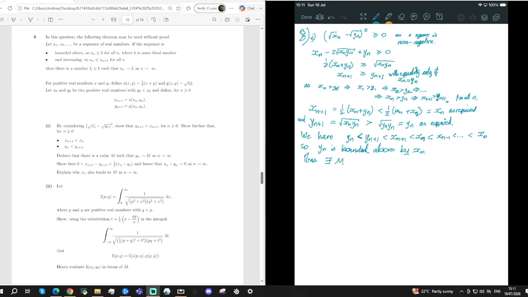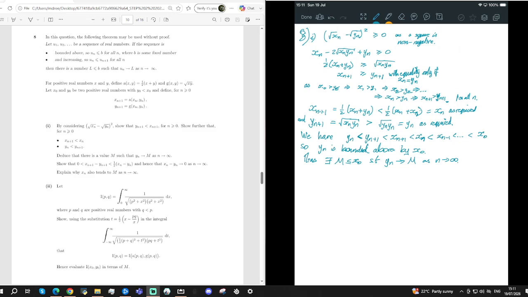Now, in the theorem it said the m is less than or equal to the bounding value b that we made. So this is definitely less than or equal to x0, such that yn tends towards m as n tends towards infinity. So we found an upper bound. We showed that it was an increasing sequence. So the theorem tells us that there is a limit.